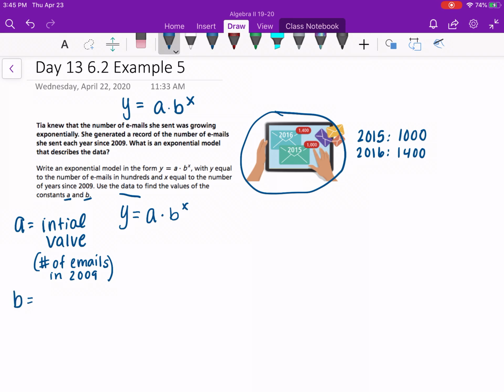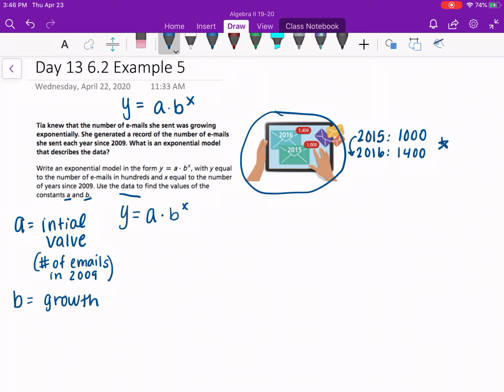And then b is going to be our growth factor. We know it's growth and not decay because it's increasing. It went from 1,000 emails to 1,400 emails. And that is going to be the growth rate of emails. So we actually know one of these constants just from this bit of information. Because these years are consecutive, meaning they're 1 year apart and our model is in years, we are looking at our growth rate right now.